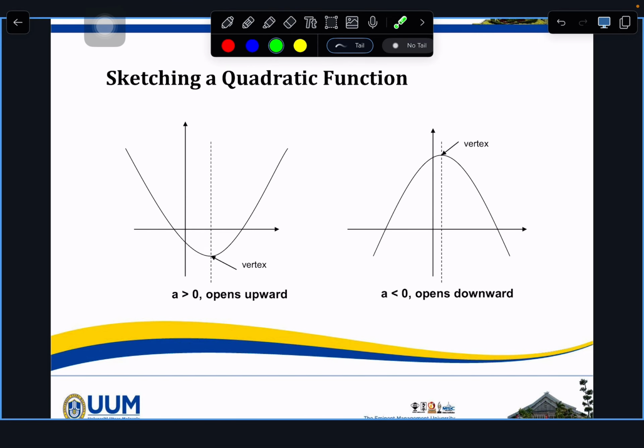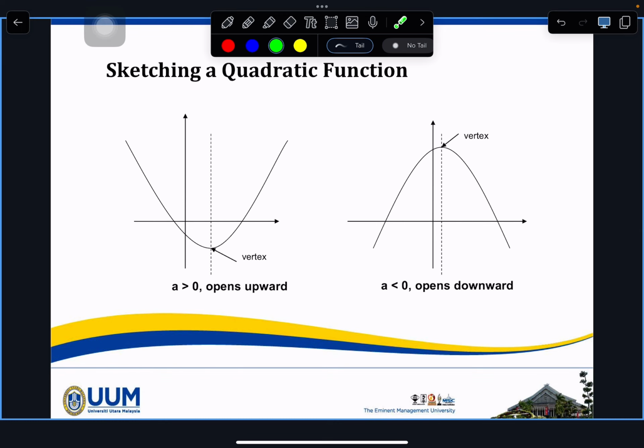We continue this one. So next one is sketching a quadratic function. So what is sketching? Like we have sketch. We have draw. Pay attention guys. You can learn your calculator later. So we have sketch, we have draw. When we draw, we need a graph paper. Sketch, we don't need graph paper.